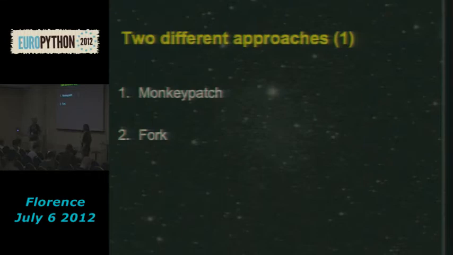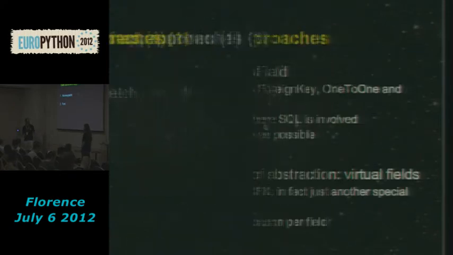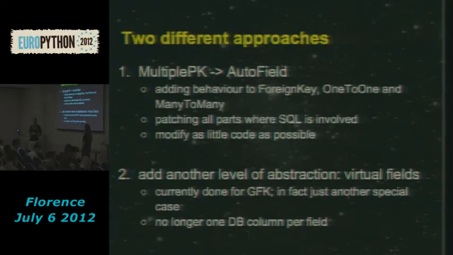Obviously the fork is more stable, and Michel, with the support of Google Summer of Code last summer, forked Django with the official support of the core team.